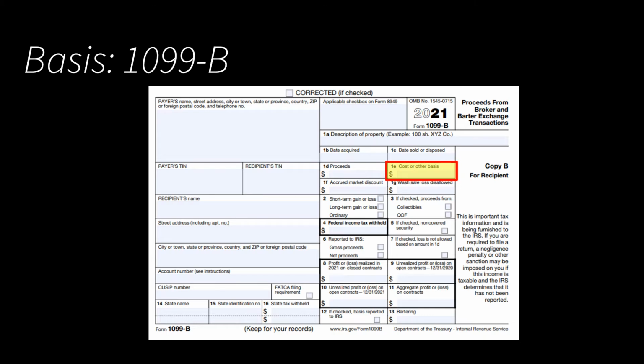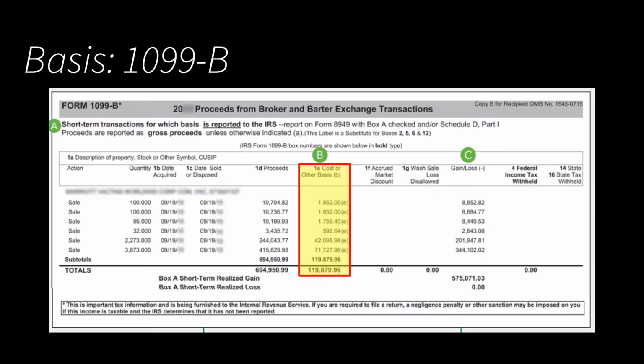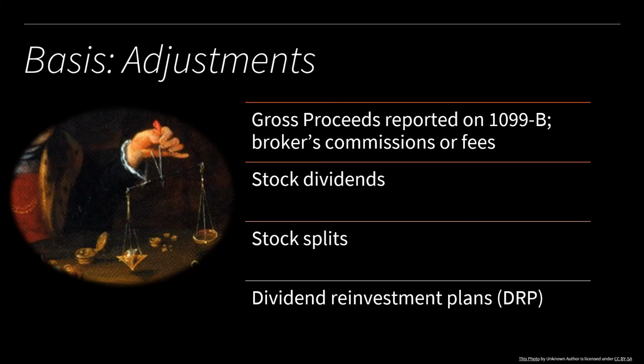And that will change in some ways the entries that we will be making. And here again is what that looks like on a brokerage statement 1099-B. You can see there that the next column over from proceeds is for the cost or other basis. As I mentioned before, sometimes there are adjustments to basis.